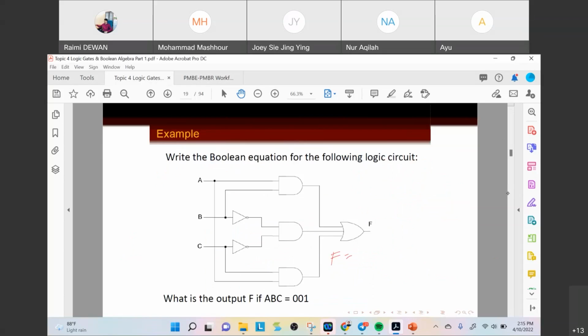Because it's an OR, you have three things that will be ORed. The first one is A and B, AB. The second is B bar, C bar. And the third one will be A and C.